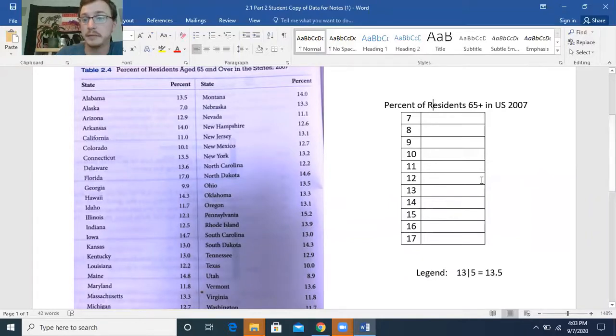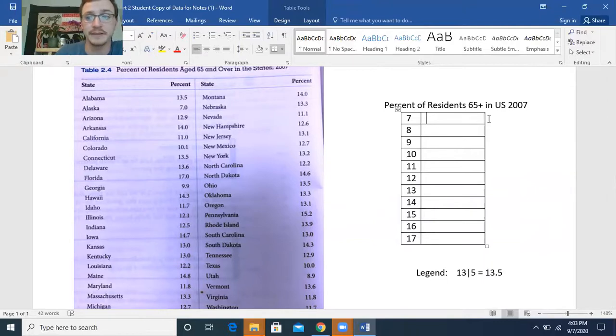But when I'm talking about stems and leaves, the stem is all of the numbers right here. It's the biggest part of the number, and whatever the last digit, we consider that the leaf of this thing, and we list those out in this table right here.